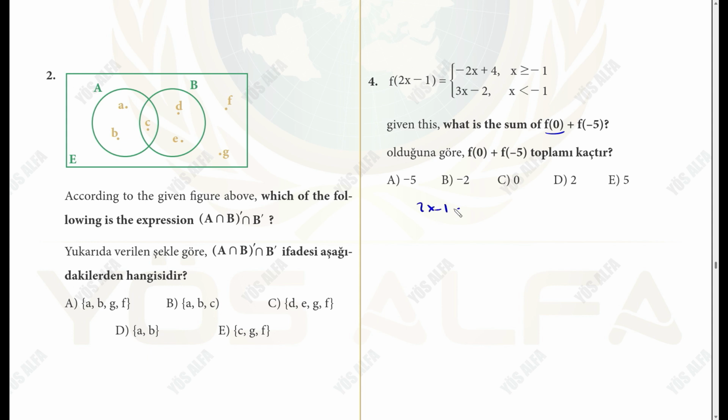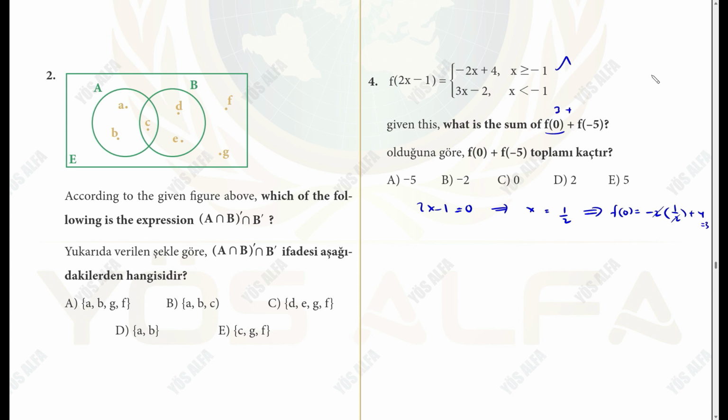So 2x minus 1 is equal to 0, x is 1 over 2. So when x is 1 over 2, since it's larger than minus 1, we use the first function. So f of 0 is going to be minus 2 times, instead of x, we'll substitute 1 over 2, plus 4. Since these two cancel out each other, we have 3.